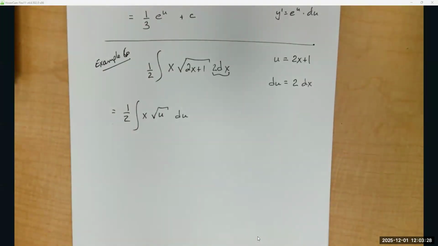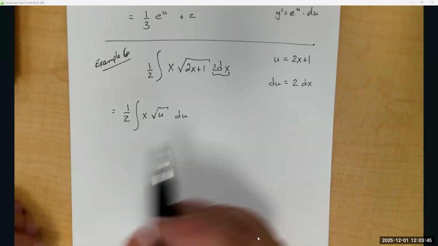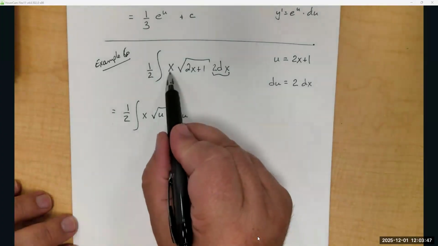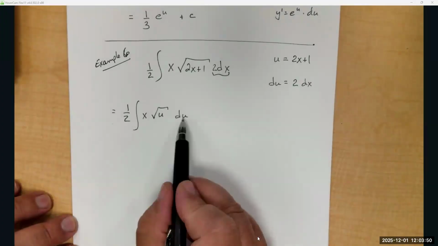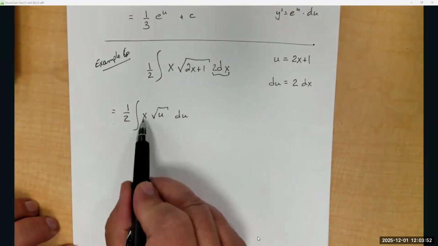See a problem here? There's an x there that's got to be taken care of. How do we do that? In other words, what we're doing here, we're taking all the x's and putting them in terms of u. Can we change x to be in terms of u?